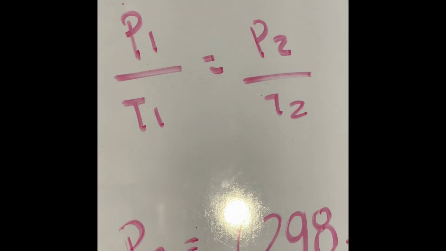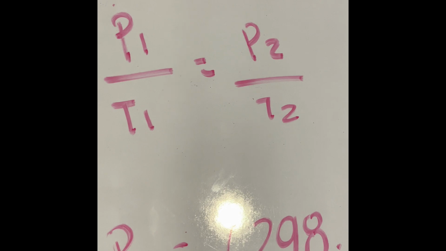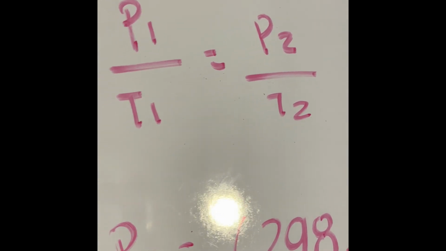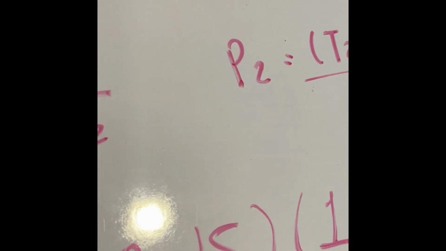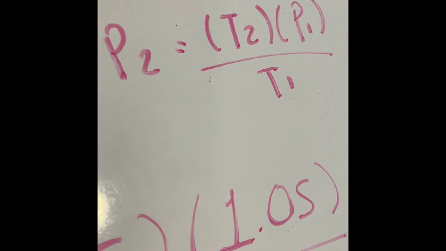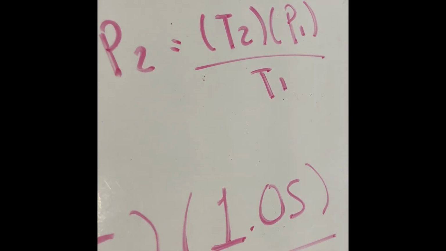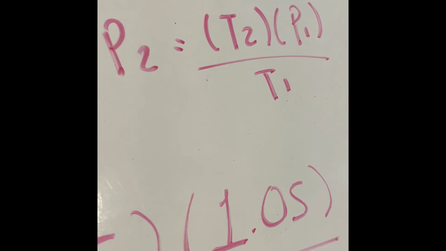And for our last exercise I want to explain something first, so we can understand it better. First of all, we need to know that the formula is P1 under T1 equals P2 under T2. Then P2 equals T2 times P1 under T1.